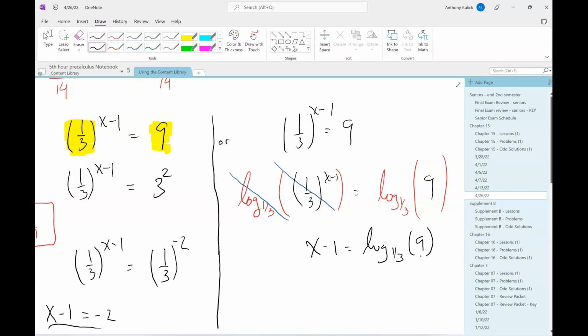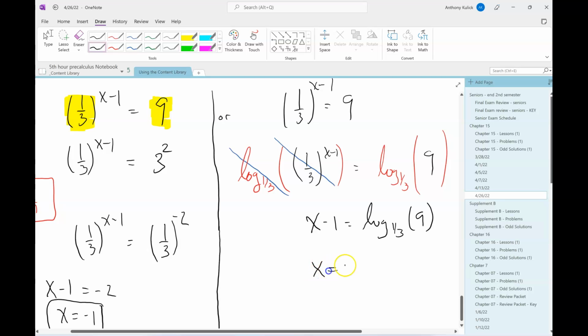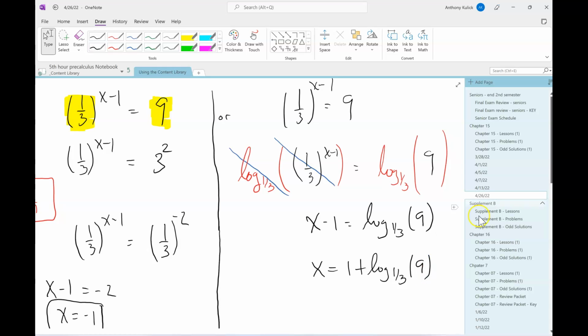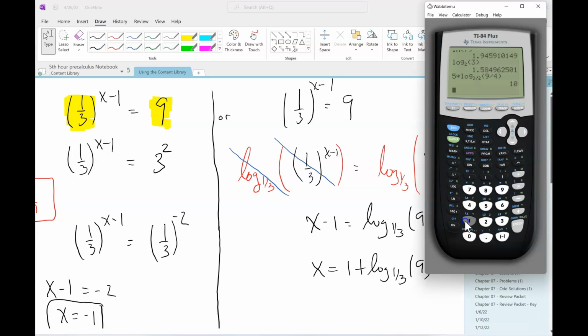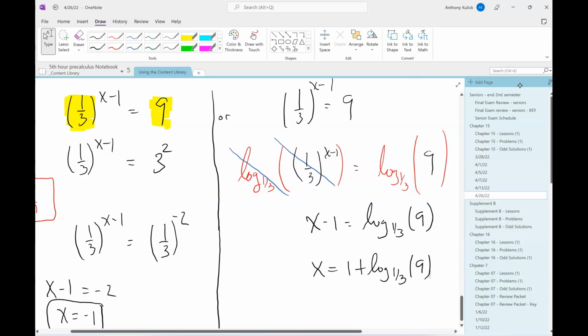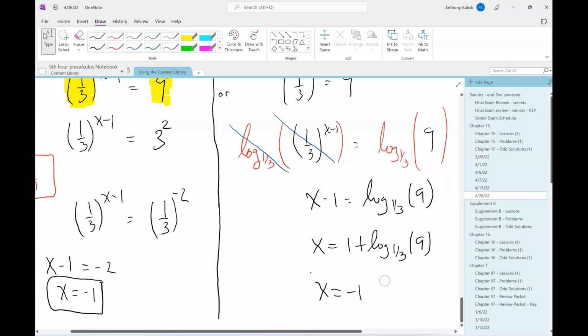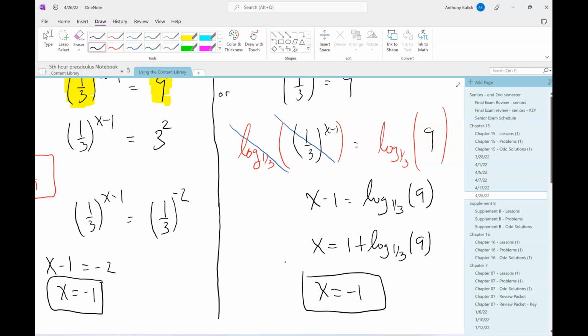So far, so good. And then we just add 1 over. And it's calculator time. So 1 plus, and then to get the log base 1/3, I press math and go to the log base. And I get the same answer that I did with the other method. You'll notice that essentially we did the same amount of work, same number of steps. Either method is fine.